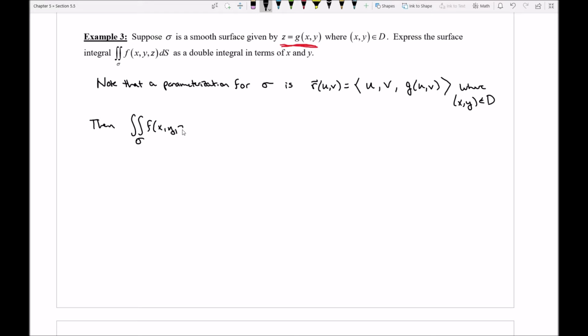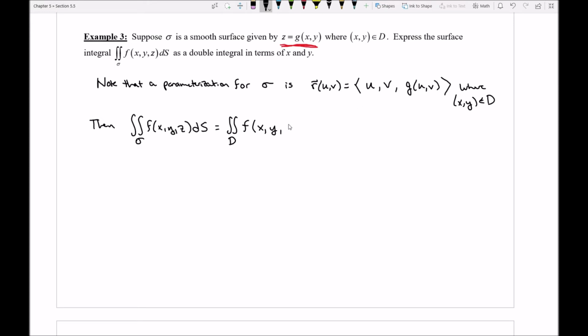So if I have this integral here, and I wanted to re-express it, the first thing I would do is redefine this as working over some region D. I would then have to change out my function f, putting in values for x, but notice those are just going to be values for x themselves. u and x are the same thing. My y value is v, or also just y, same thing.